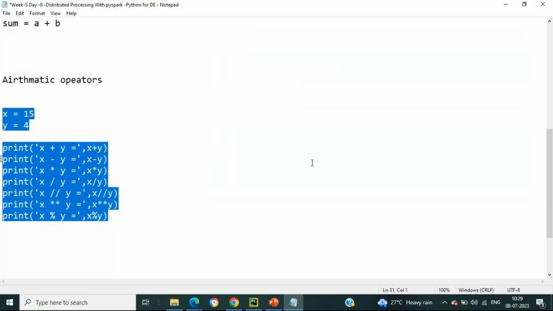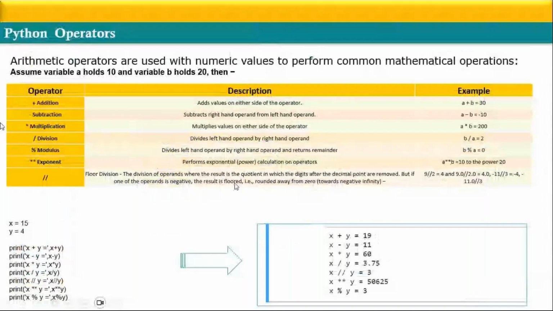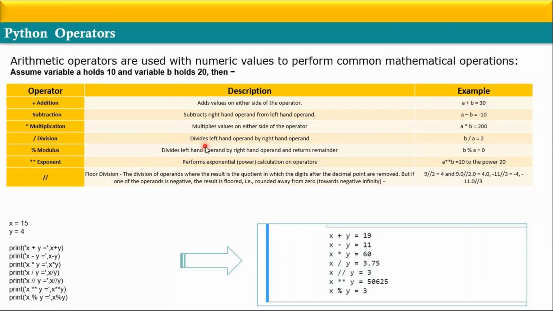Among the other operations, like multiplication, we can divide the left-hand operand by the right-hand operand, so b divided by a equals 2. These are operations required in specific tasks, and we will be able to perform them with the help of these operators.